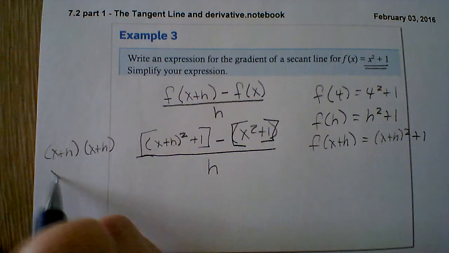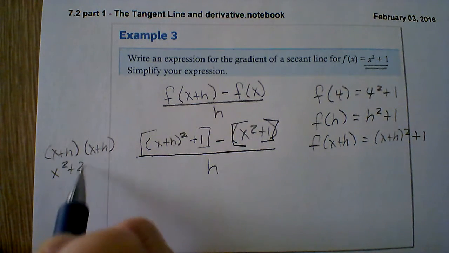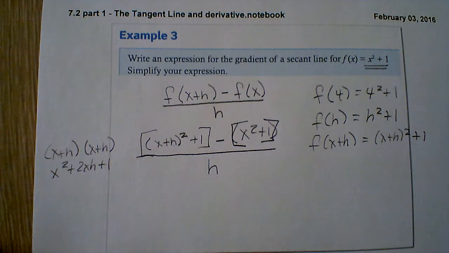Okay, so we have to double distribute, but let's get into the habit, because you're going to do this a lot, of remembering that it's just this, right? Remember when we did those fast ways to multiply or square a binomial? But you can go ahead and do it the long way. I'll wait. You're going to come up with that answer, right?